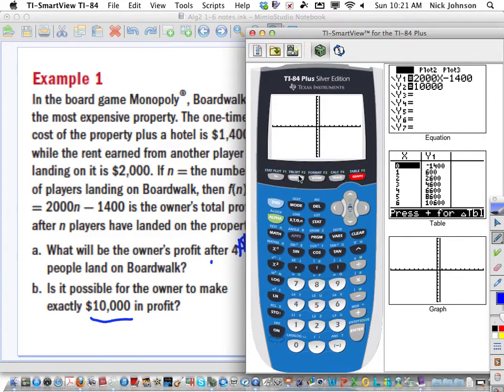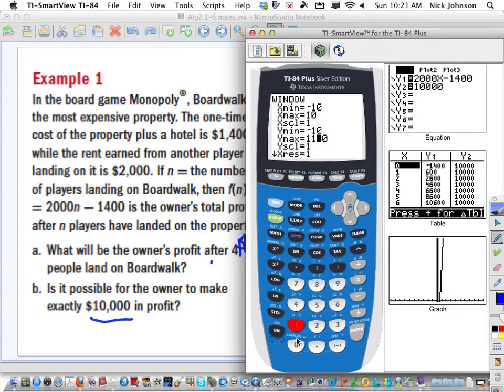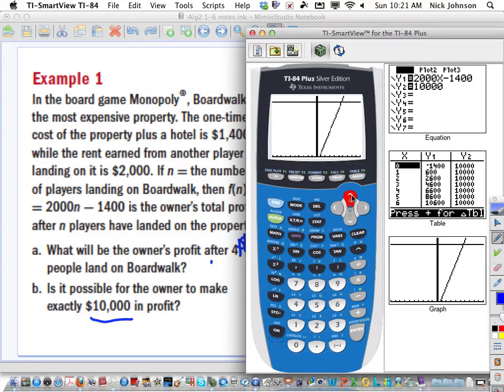Now, obviously, I have to make my window bigger than 10,000, correct? So my y max needs to be at least 11,000. Oops, need to say 11,000. Let's hit graph, see what happens. And it looks like they intersect, which is good, as they should.